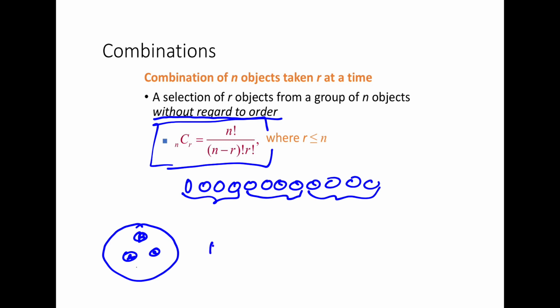So this would be 12 students taken in groups of 3, where we take 12 on top, and then we have 12 minus 3, which is 9 factorial, over 3 factorial. That extra division by 3 takes out and doesn't count as a separate combination the same group of 3 students, just picked in a different order.